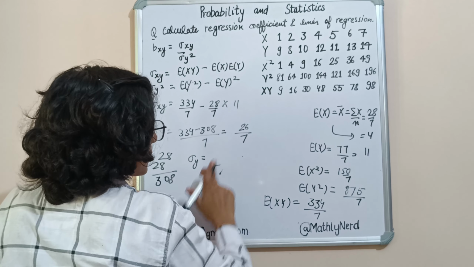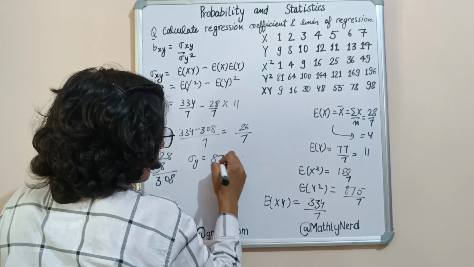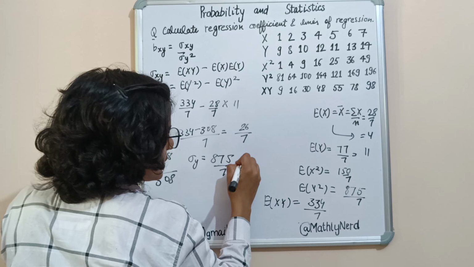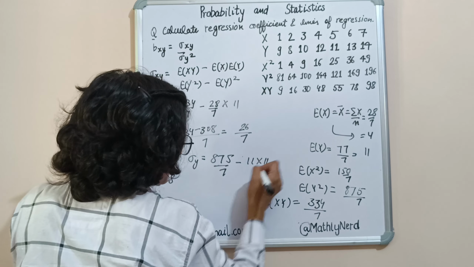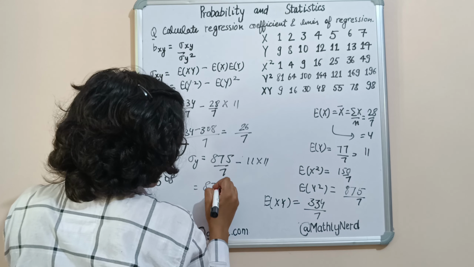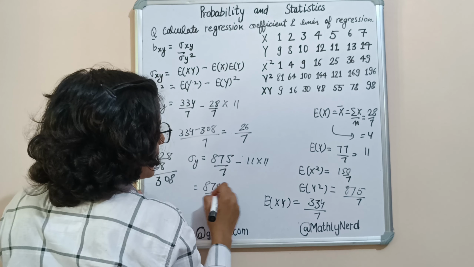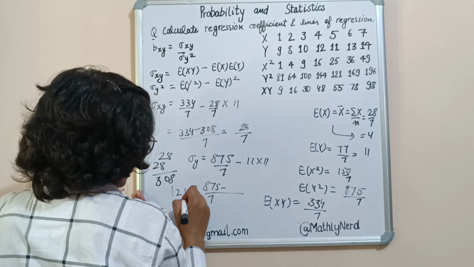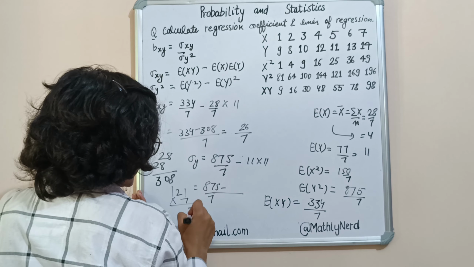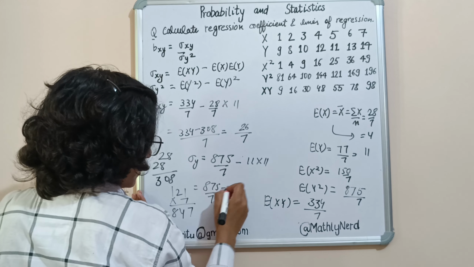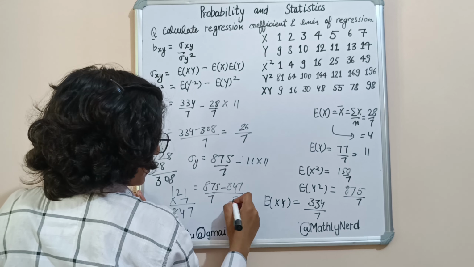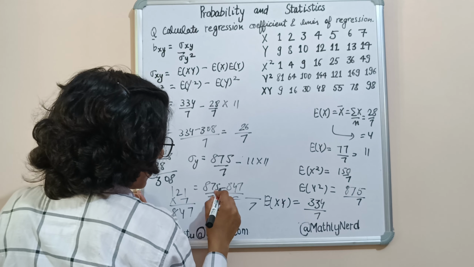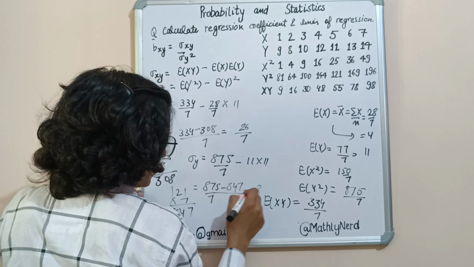So this will be 875 by 7 minus 11 into 11. So this will be 875 by 7 minus 121, and 121 into 7 will be 847. 7, 8 and 2.